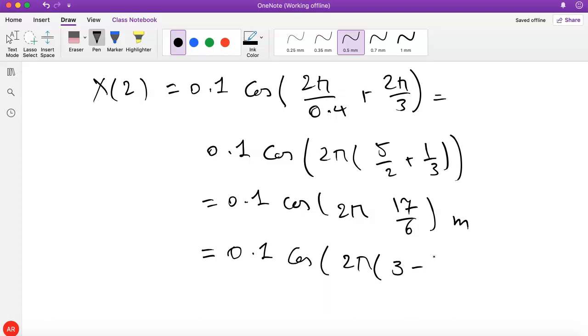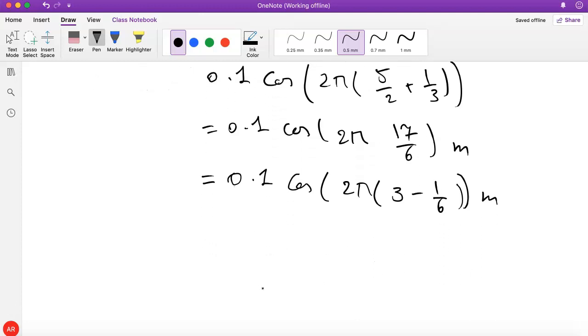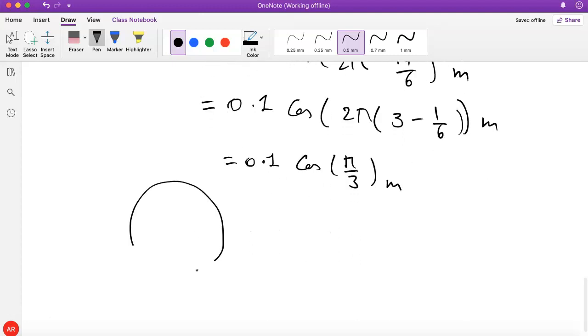So that's 3 minus 1 over 6. So factors of 2 pi don't matter, so that 6 pi goes away. So this becomes cosine of minus pi over 3. And cosine of plus or minus an angle is the same thing, so that's pi over 3 here. Pi over 3 is just 60 degrees, so if that angle is 60 degrees, its cosine is a half, so this is going to be 0.05 meter.